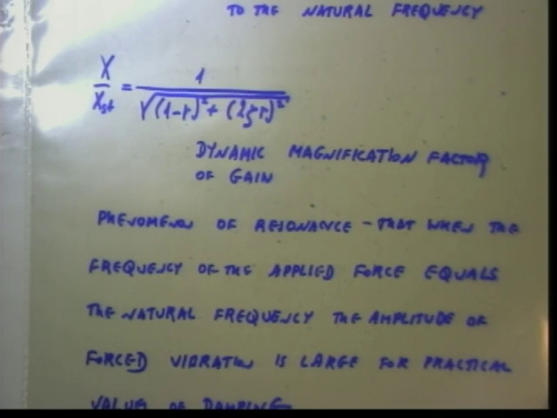This is called dynamic magnification factor, or gain. Why is it called magnification factor? Because it is this many times the response is bigger than static.